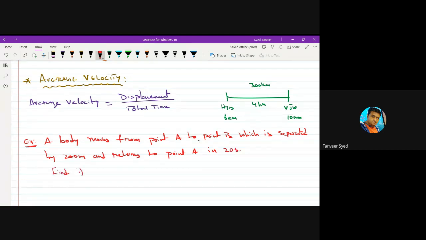Find average speed and average velocity. How to do this? Simple.